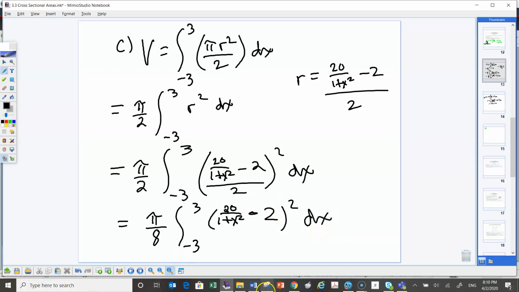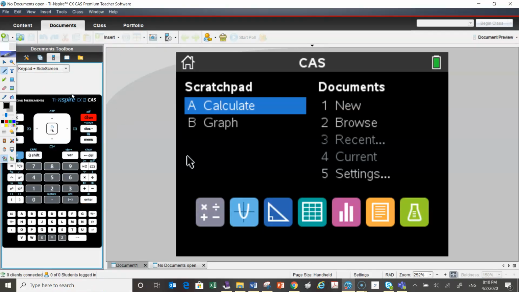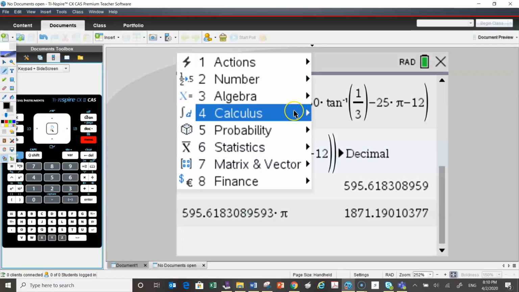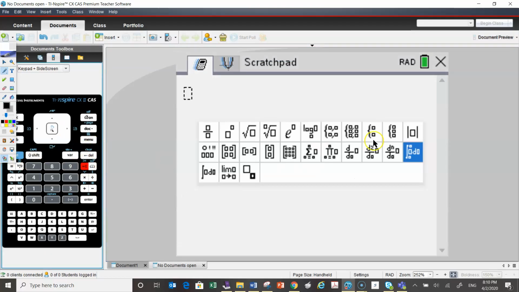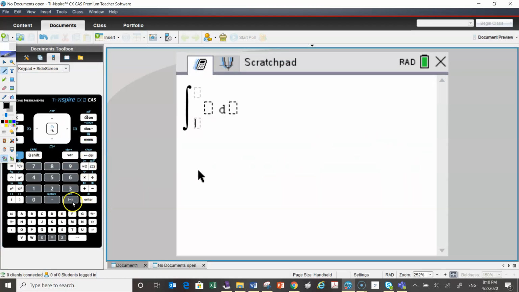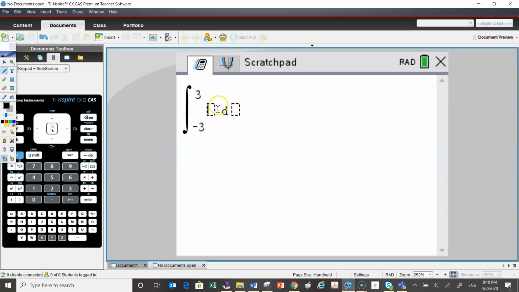Squaring the top is just going to leave me with 20 over 1 plus x squared minus 2 all squared dx. So now it's a matter of entering this in your calculator. So we'll clear this out of the way. So again, we're looking for the definite integral, and I'm going from -3 to 3 of, now this was 20 over 1 plus x squared, which I already have stored in as function 1.